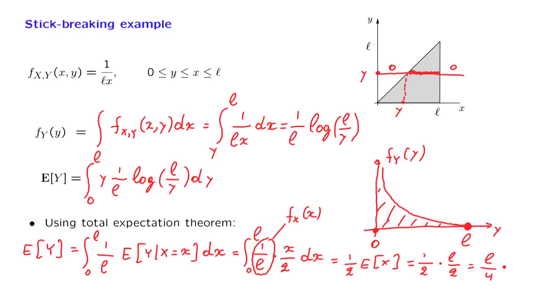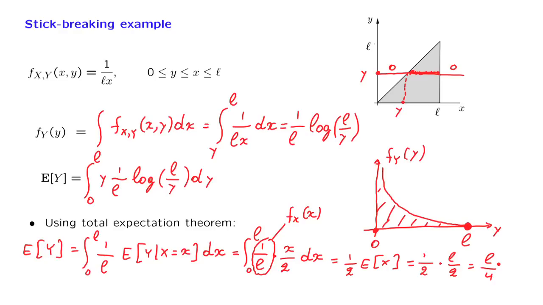If we break a stick once, the expected value of what we're left with is half of what we started with. But if we break it once more, then we expect it on the average to be cut by a factor again of 1/2, and so we expect to be left with a stick that has length 1/4 of what we started with.